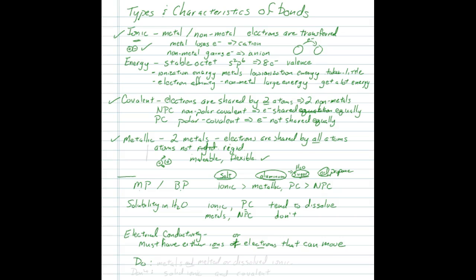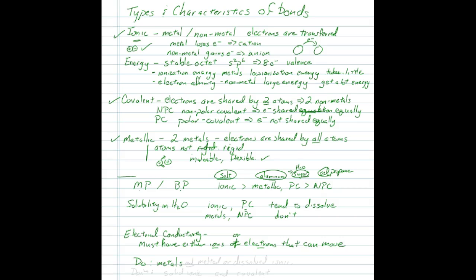The things that do conduct electricity: metals, obviously, because they have mobile electrons. That's one of the definitions of a metallic bond up here. You have electrons that are shared by all, they can move around.